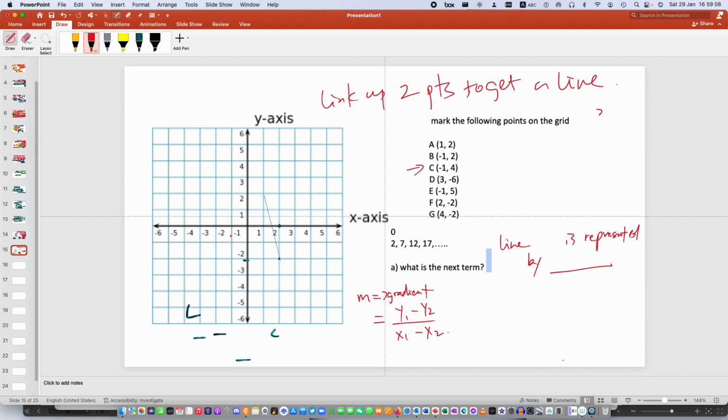Minus 1, 4. This is my C. 3 and minus 6. My job is to link it up, right?